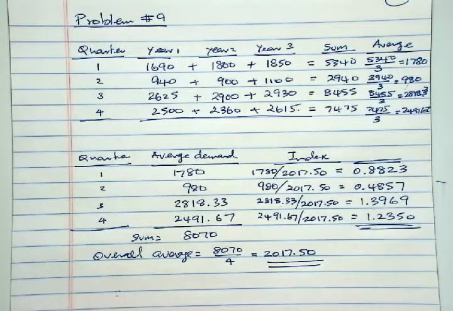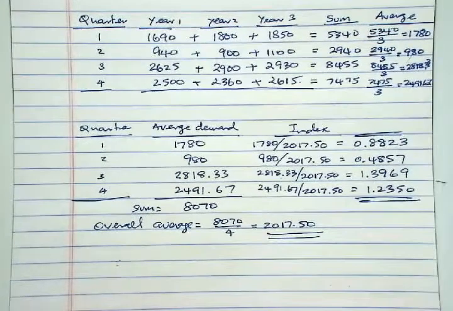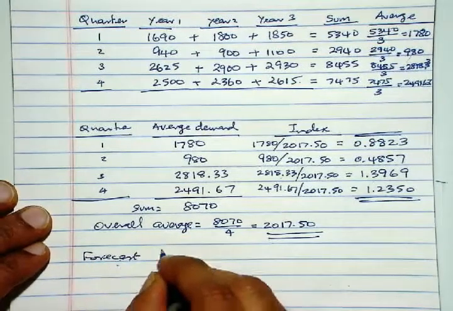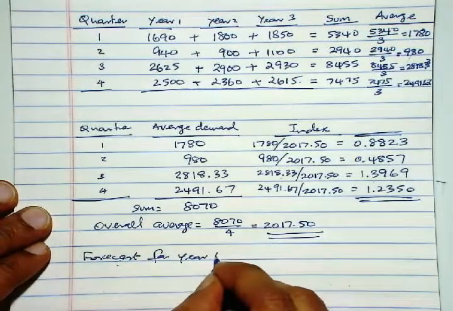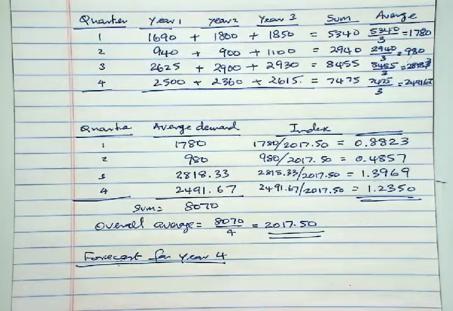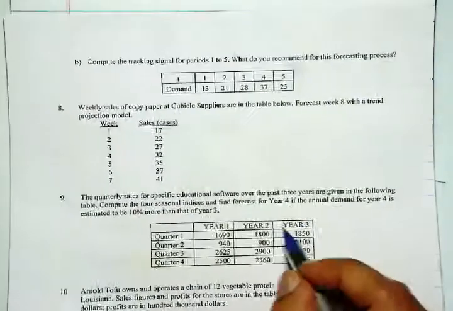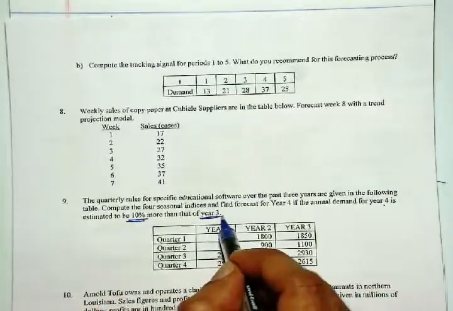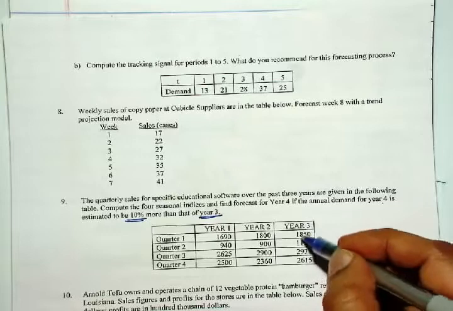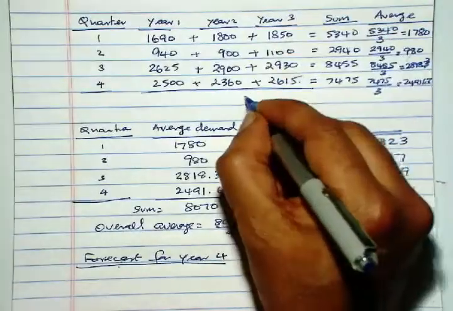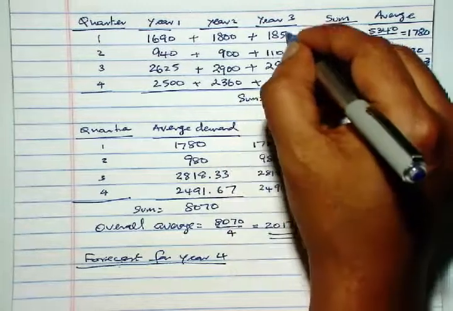Next we have to compute the forecast for year 4. Now forecast for year 4, the total forecast for year 4, the total demand is said to be 10% more than what it is for year 3. So first we have to find the total demand for year 3, which is the sum of the year 3 values.